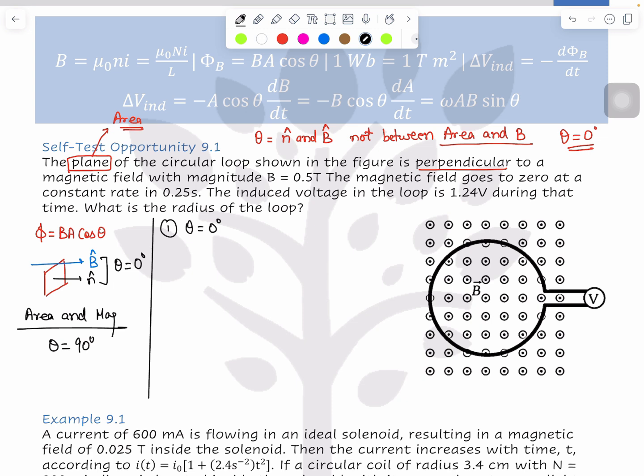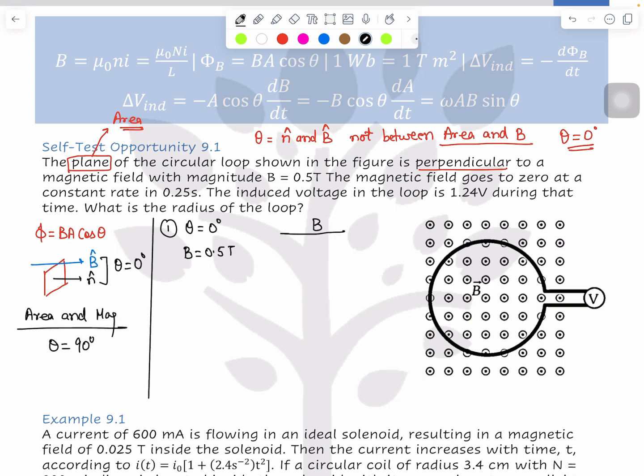The plane of the circular loop shown in the figure is perpendicular to a magnetic field B. B is given as 0.5 Tesla. The magnetic field goes to 0 at a constant rate in 0.25 second. Now what we need to understand is, is the magnetic field changing?